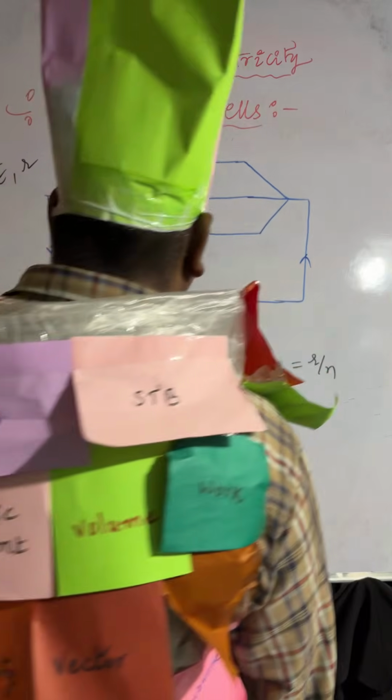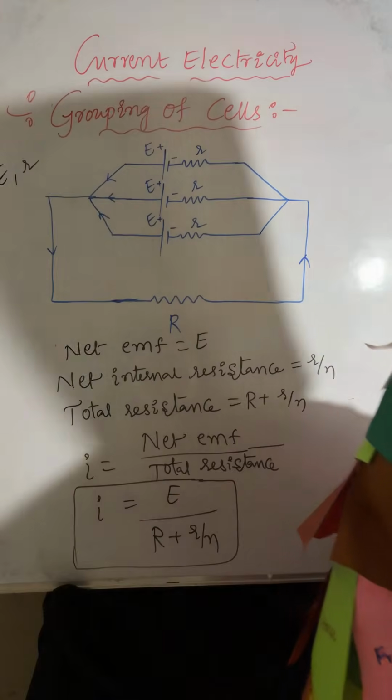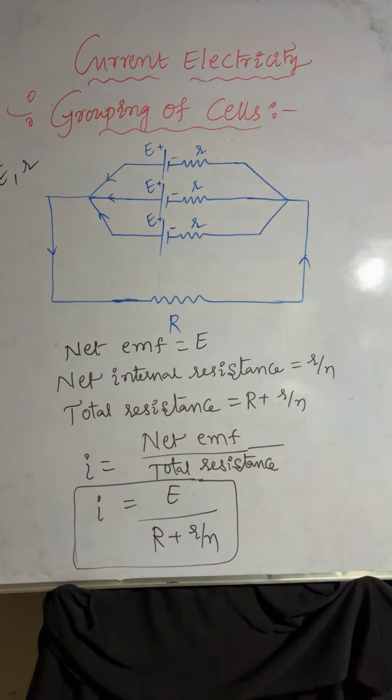I hope it is very clear. Understood or not? Do you have any doubt in that? So net EMF equals E, net internal resistance equals R by N, and total resistance equals R plus R by N.